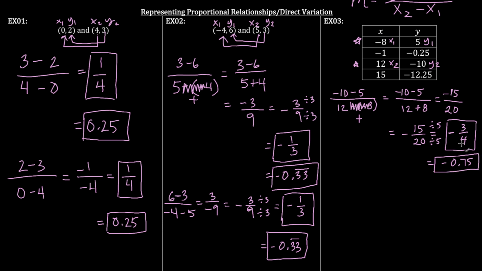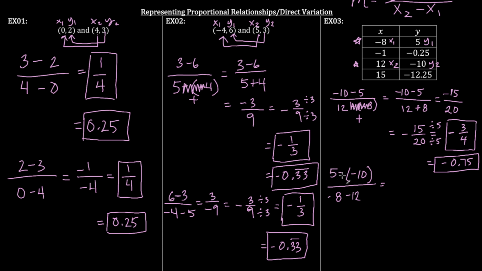Cool. Now let's do it in reverse order. So instead of negative 10 minus 5, we'll do 5 minus negative 10, and negative 8 minus 12.